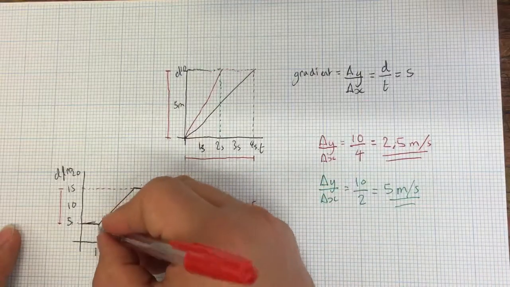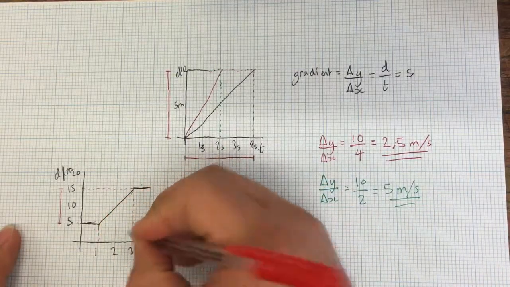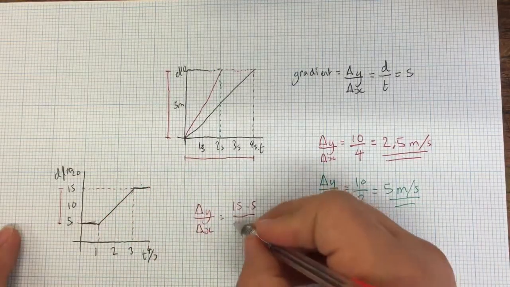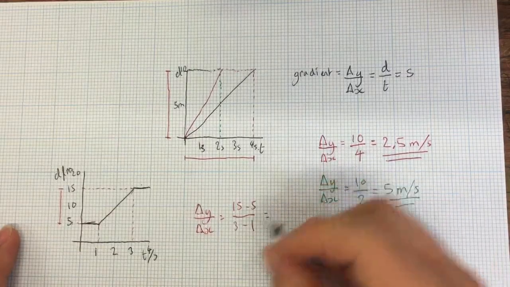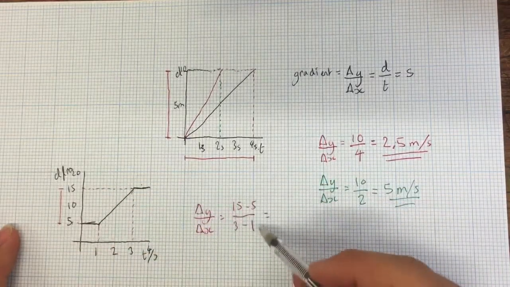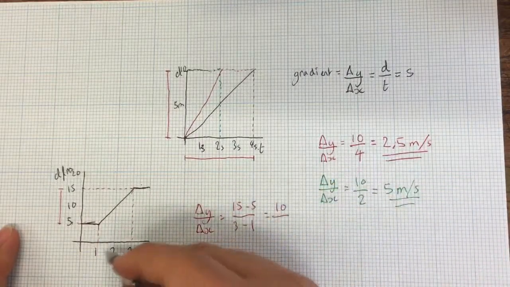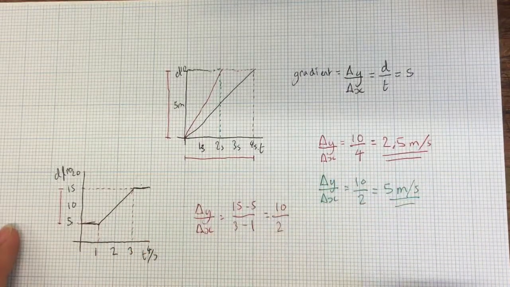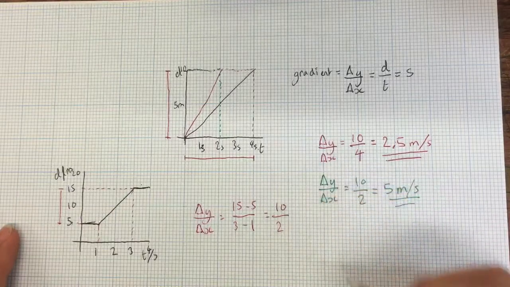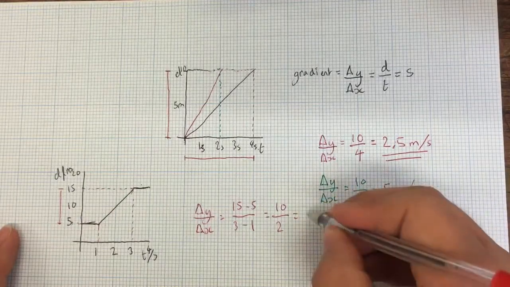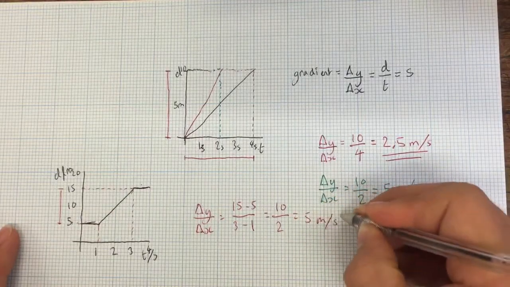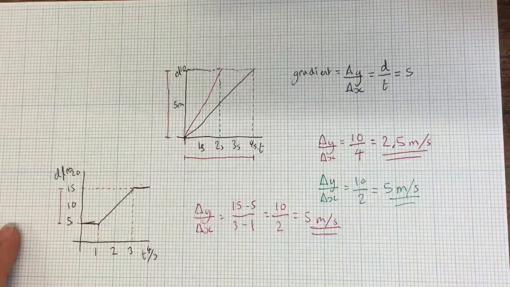And then I look at my change on my x-axis, which is 1 up to 3. So it's 3 minus 1. You could probably do this in your head very simply without doing the minuses, but I can see the difference between 5 and 15 is 10, and the difference between 1 and 3 is 2. So I'm doing 10 divided by 2. So again, this object is also going at 5 meters per second.